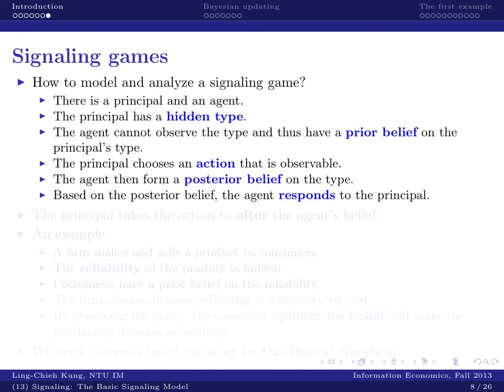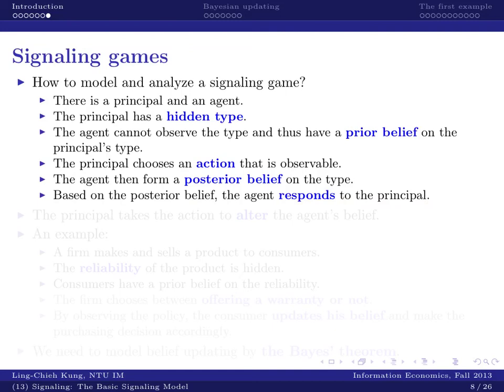When they see that I offer a very generous warranty, consumers will update their beliefs to believe that my product is of high quality with a higher probability. In their posterior belief, the probability for my product to be of high quality will just become higher. And then based on the updated belief, they will respond to me. They will decide whether to buy it or not.